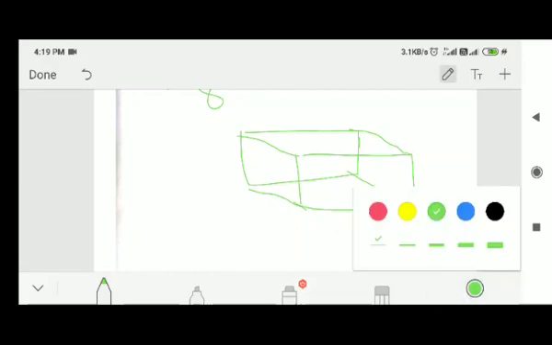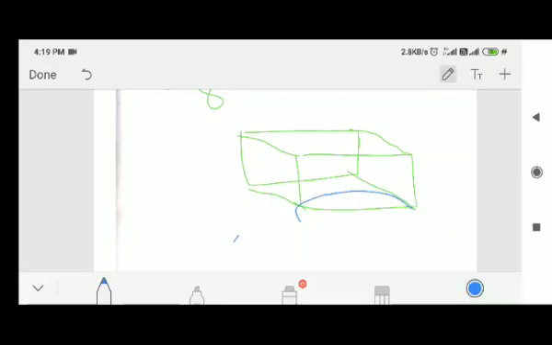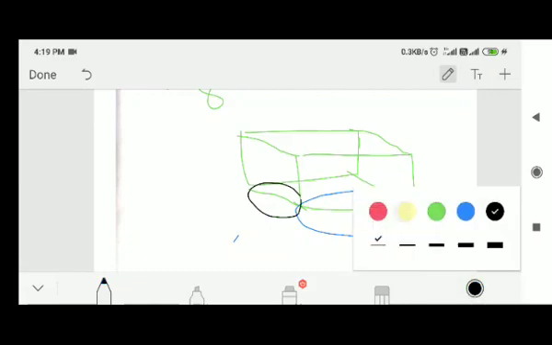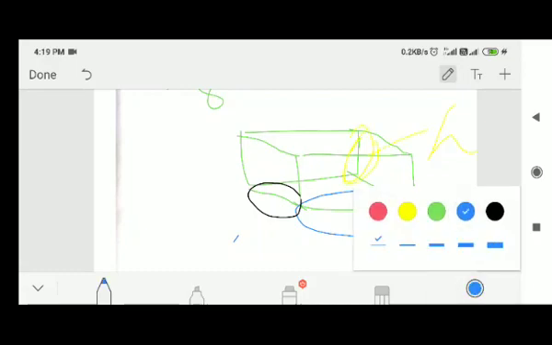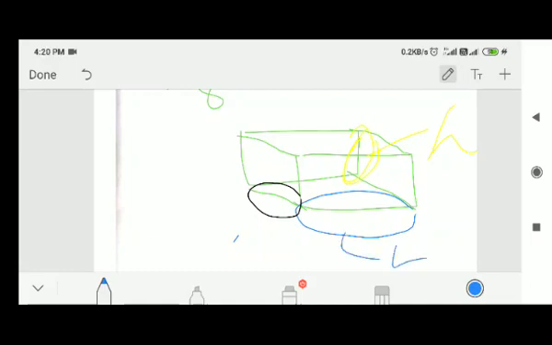Now see, this is your length, and this is your breadth, and this is your height. Yellow mark: this is the height, this is your length, and this is your breadth.